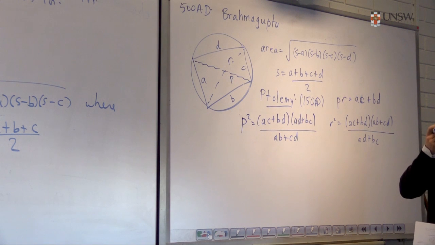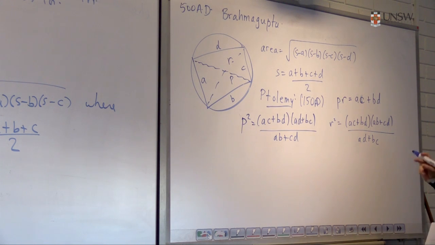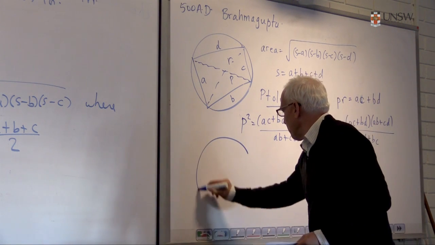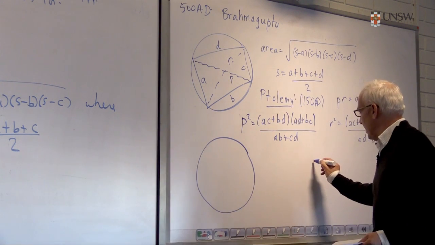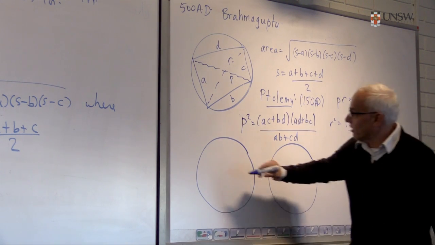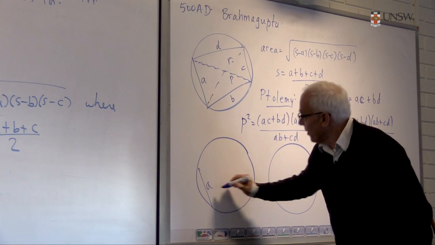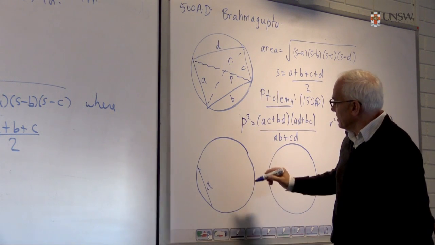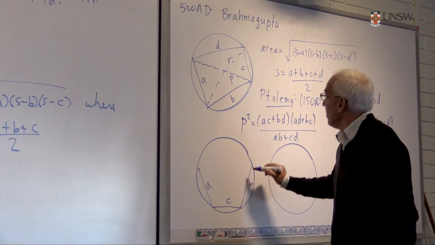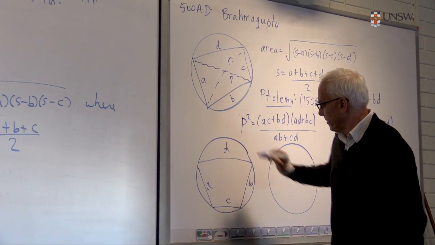In fact, the situation is a little bit more than this. It turns out that there are actually two other pictures that one should draw with the same circle. So if we take those same four side lengths and rearrange them a little bit, A will keep where it is, and let's say we switch B and C around, so that now there's C and there's B, and D is still there.